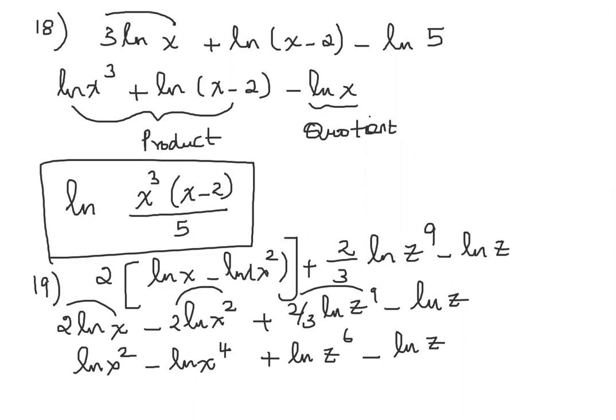So which is equal to ln x to the product over x to the 4, so z to the 4 times z.